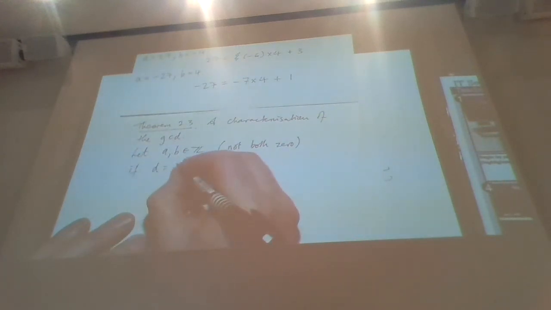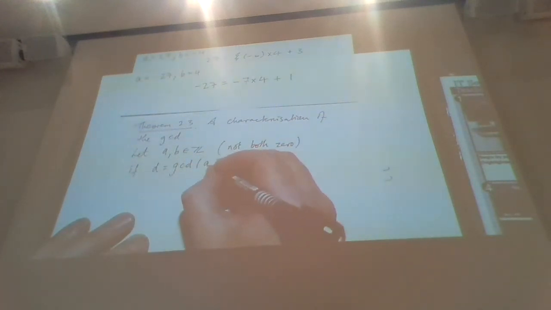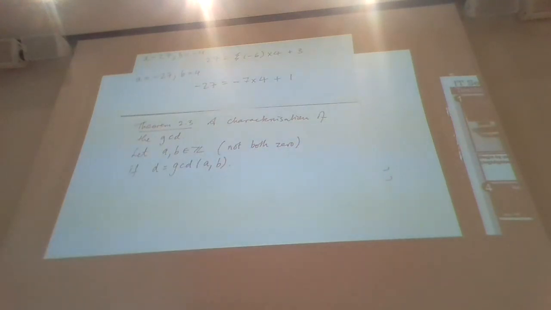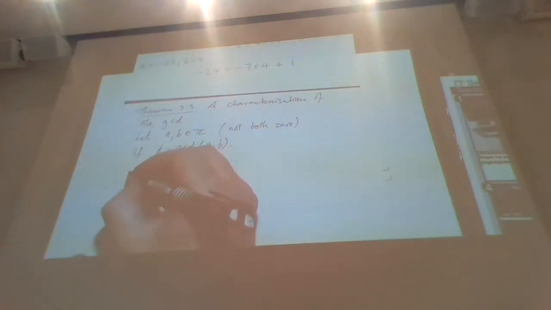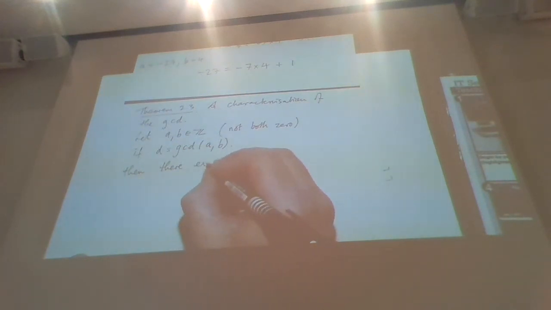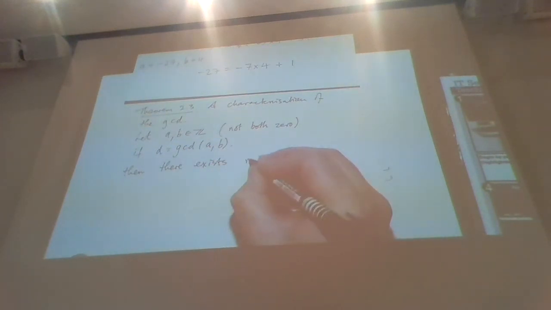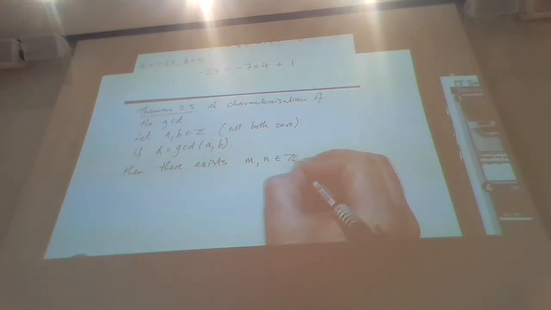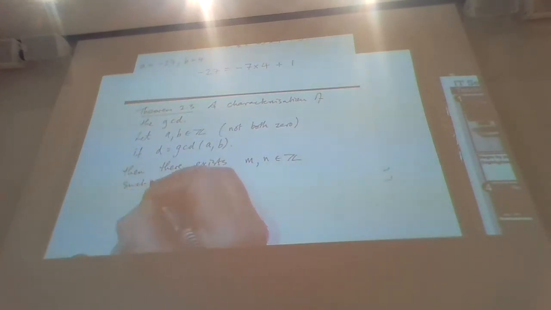So if D is the greatest common divisor of A and B, whatever that might be, then, and this is the result, there exists a pair of integers, M and N, such that, and this is the magical thing, this greatest common divisor is equal to MA plus NB.